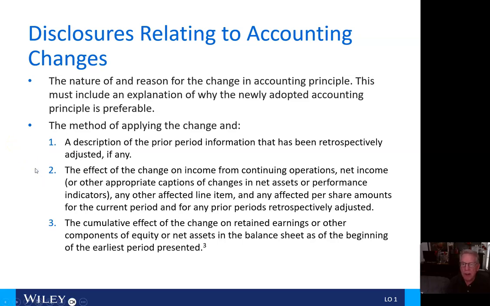Number 2, the effect of the change on income from continuing operations, net income, or other appropriate captions of changes in net assets or performance indicators, and any other affected line items, and any affected per share amounts for the current period, and for any prior periods retrospectively adjusted.